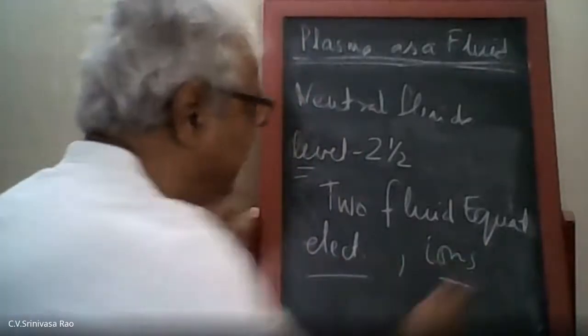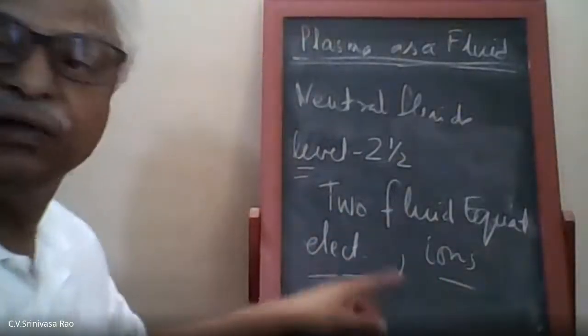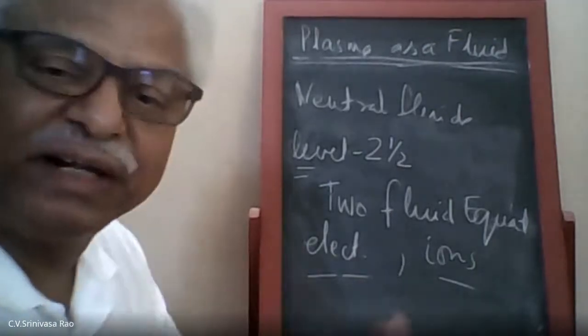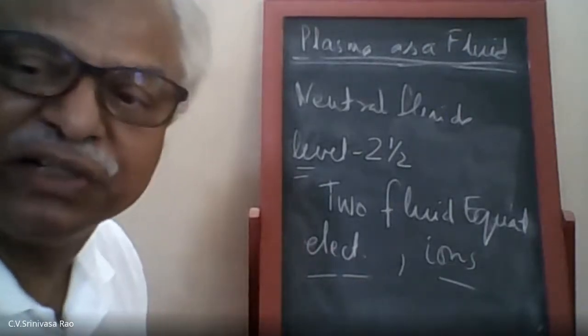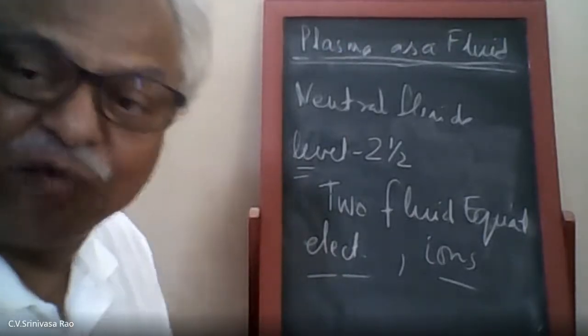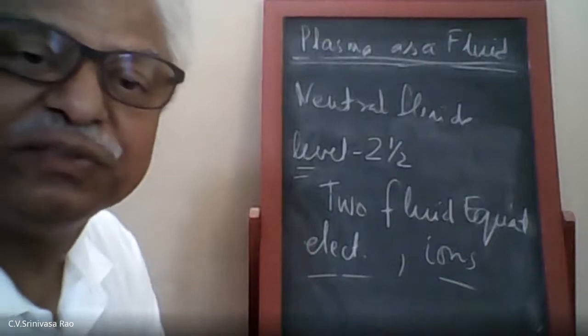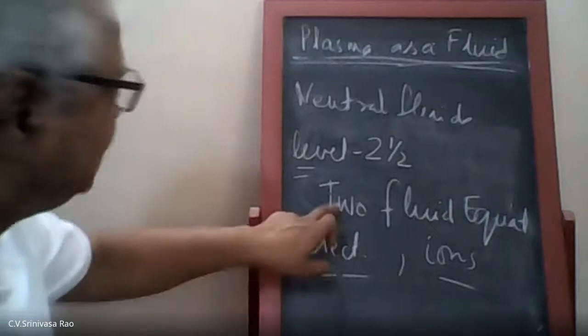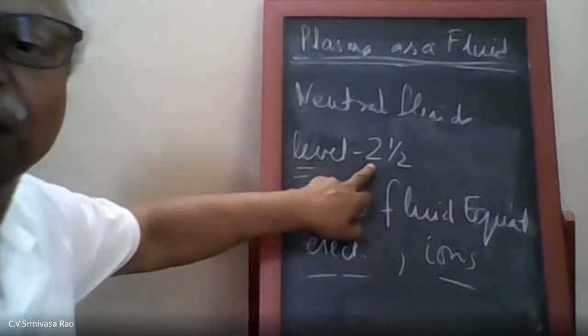So you have equations for both, so there is electron fluid and an ion fluid. And they have interactions between each other. So that is how momentum and energy gets transferred from one species to the other species. So you have a two fluid equation. So this is basically level 2.5.